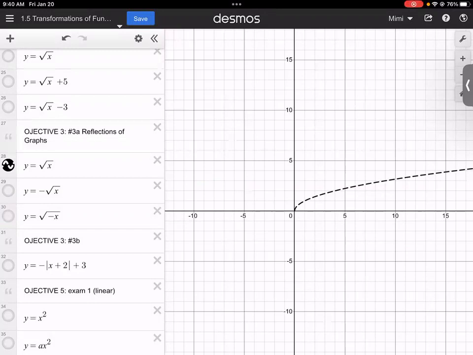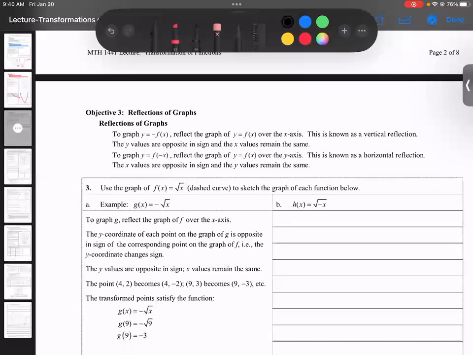So for reflection, if it's negative one times the function, then it's going to reflect over the x-axis, and we call this the vertical reflection. The y value is the opposite sign, and the x values remain the same.